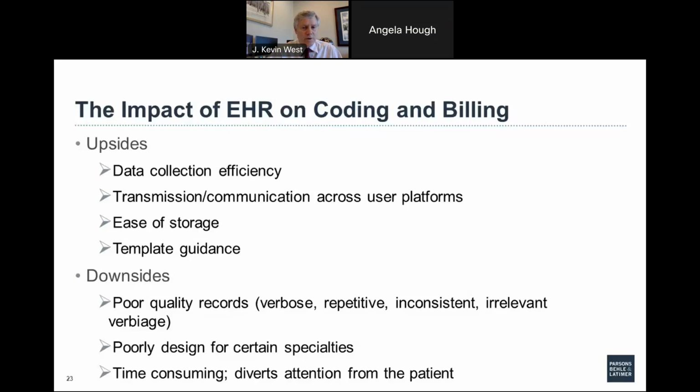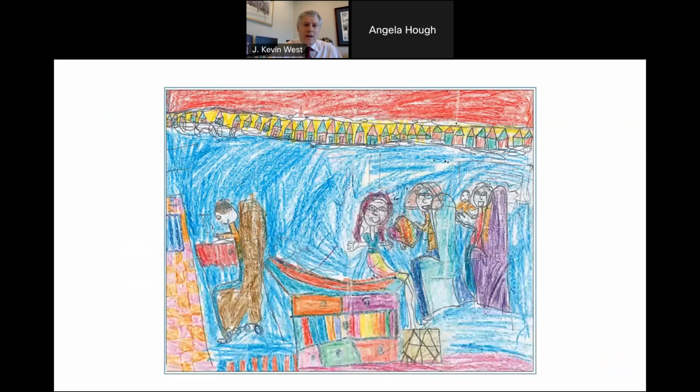Some software just doesn't fit well with certain specialties, and the use of electronic health records is very time consuming and diverts attention from the patient onto the computer screen. And I've shown this little drawing before, but I like it so well.